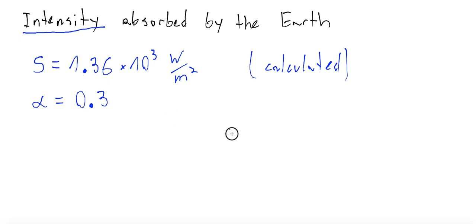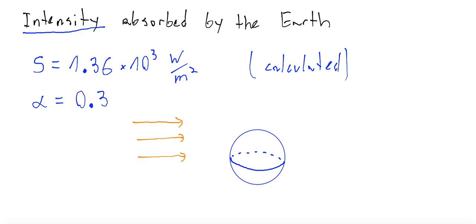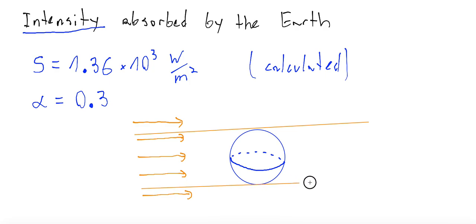Let's look. Okay, this is our Earth, a three-dimensional shape, yes? Earth is not flat. And let's imagine that the sun is to the left, so the sun's radiation travels from left to right. Part of this radiation travels through the Earth, like here and here.